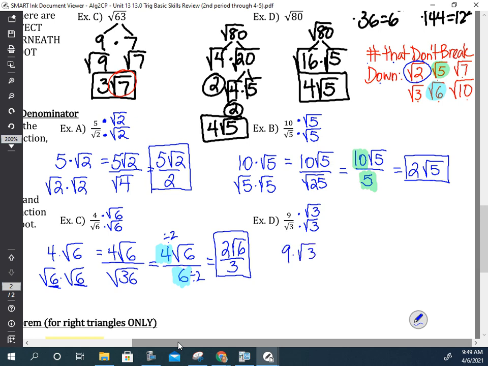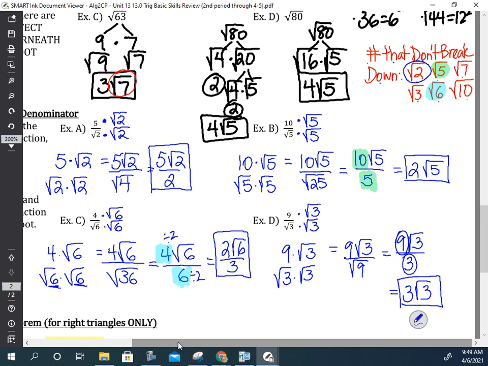So 9 times the square root of 3 is 9 square root of 3. Square root of 3 times square root of 3 is square root of 9. Square root of 9 is 3. 9 divided by 3 is 3.